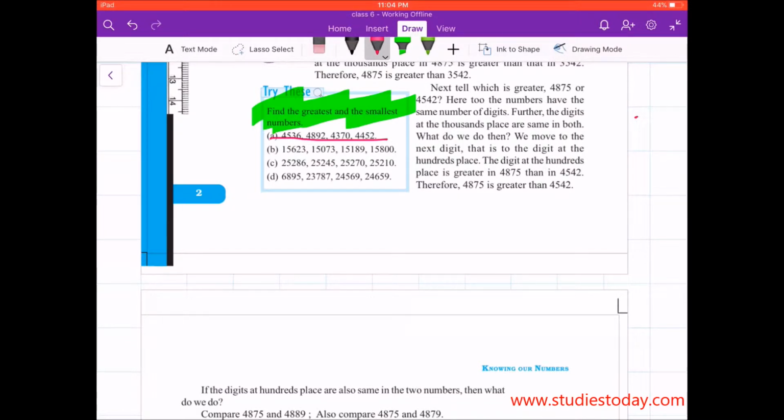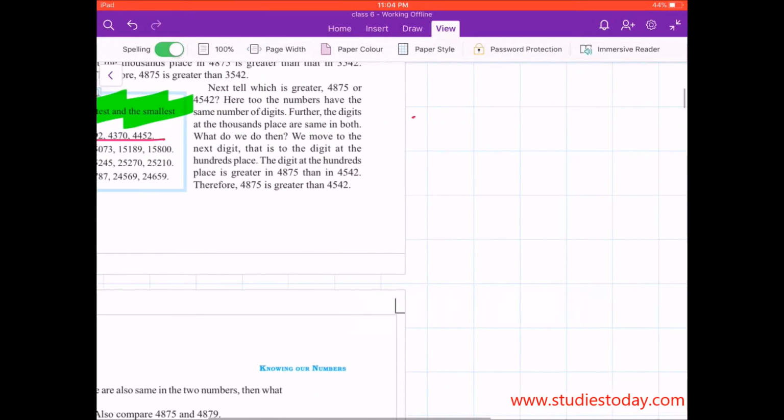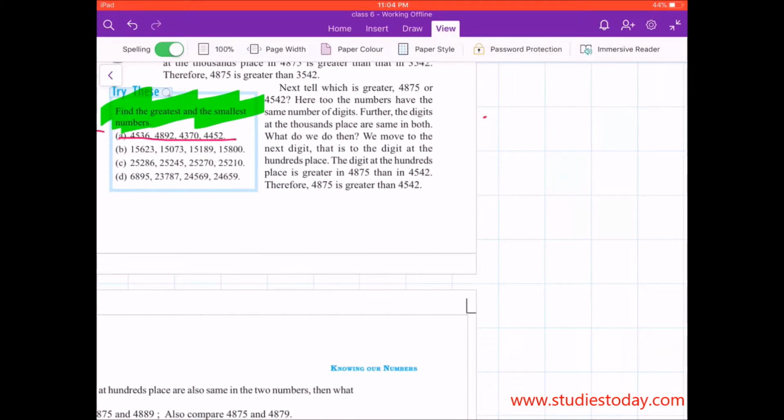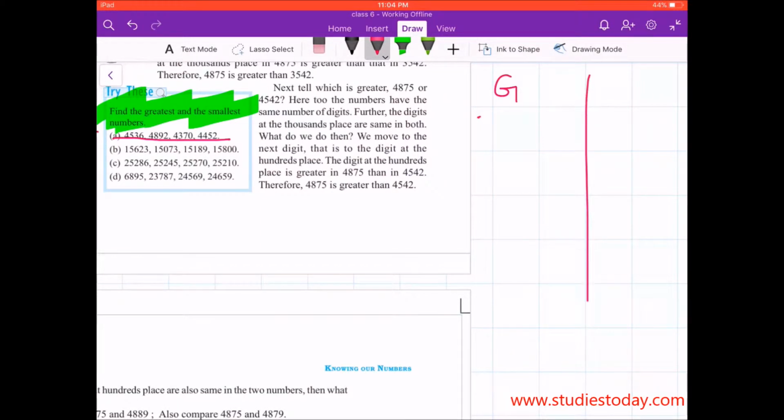So in the A part, if I make a table here and I write greatest and then I write smallest. So in the greatest, in the A part, I'll be writing 4,892. First we'll write all the greatest number in all the 4 questions.